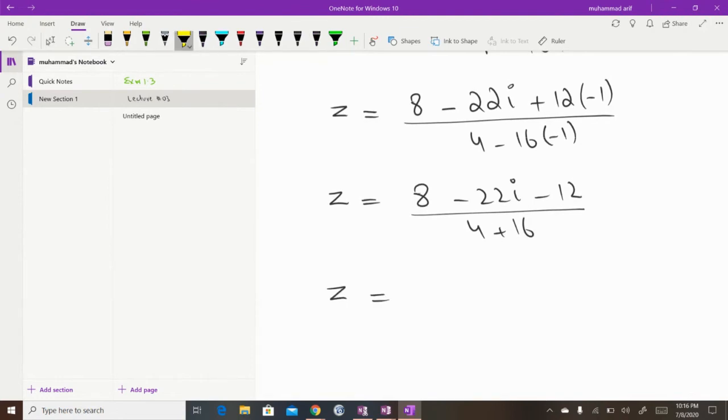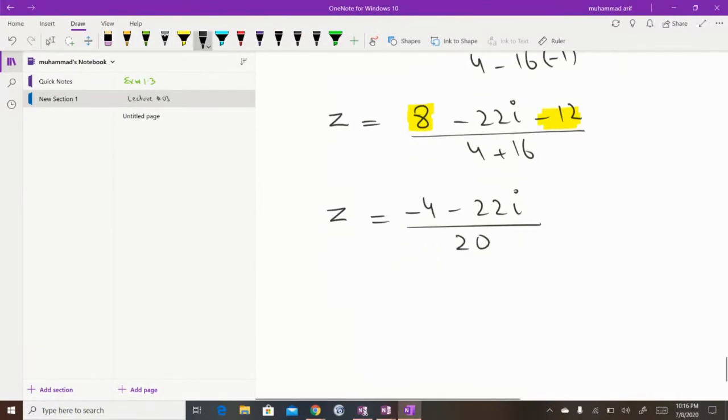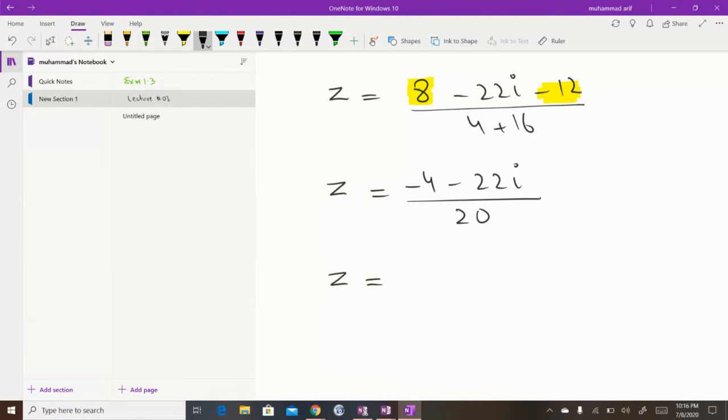Now here we see that positive 8 and negative 12 becomes negative 4, negative 22 iota, and in the next part 4 plus 16 becomes 20. Now dividing 20 by both the numbers, minus 4 by 20 and 22 by 20 iota.